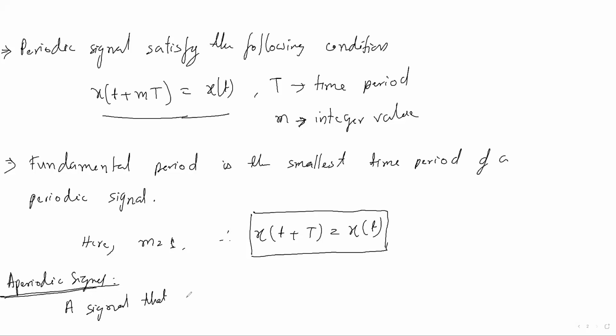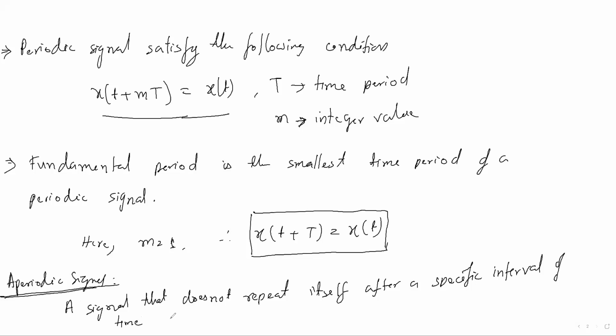A signal that does not repeat its shape after a specific interval of time is called an aperiodic signal.